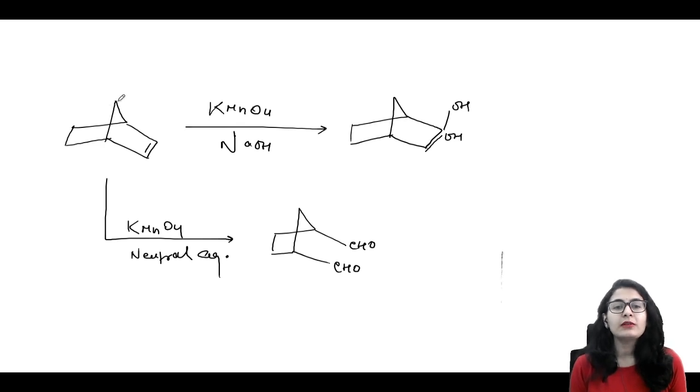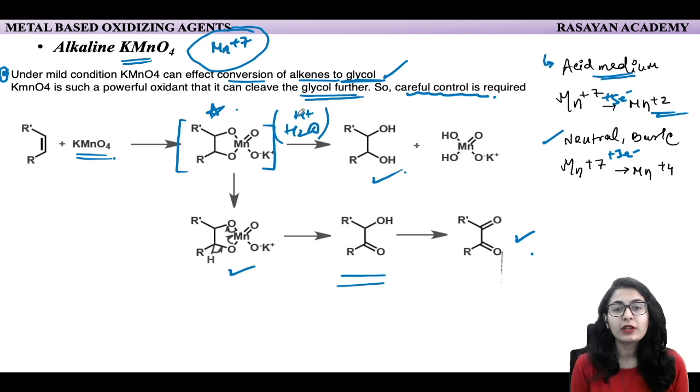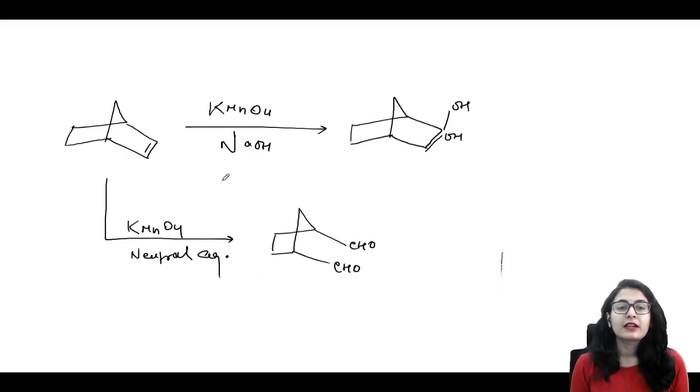So norbornene molecule, sorry, I had written H plus, it's going to be OH minus. Sorry, OH minus के presence में it's going to give you the diol like this. So you see norbornene system in the presence of NaOH and KMnO4 is going to give you a diol.